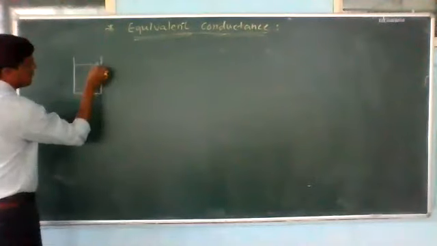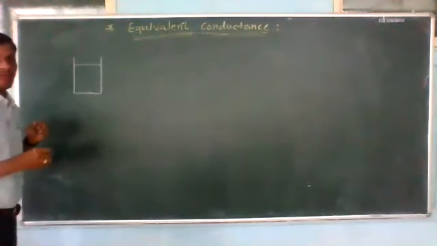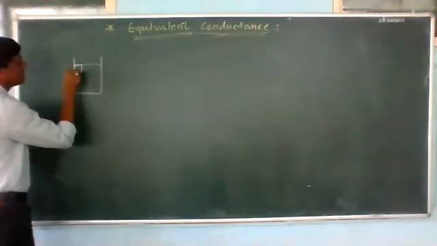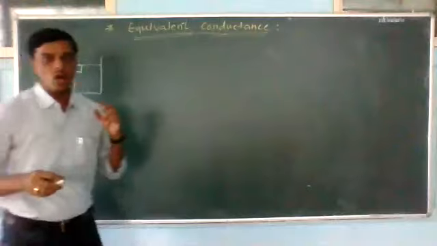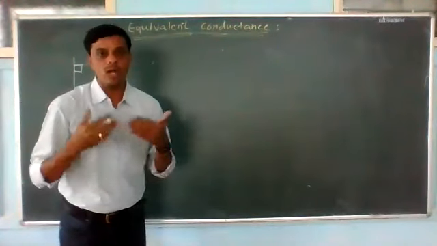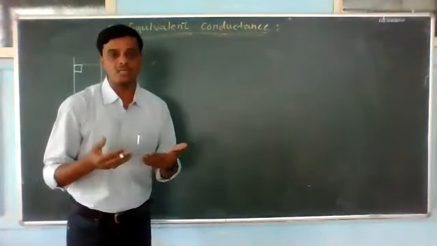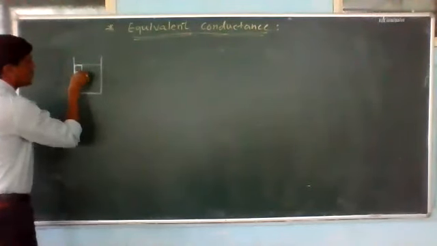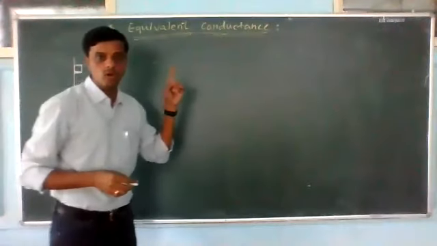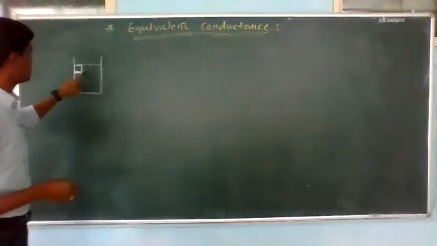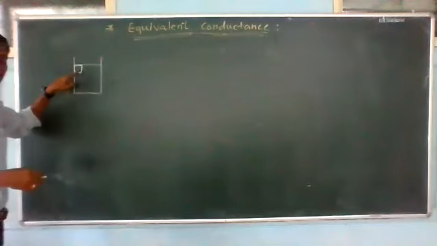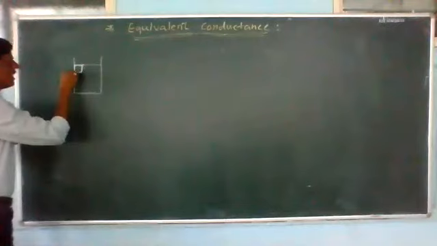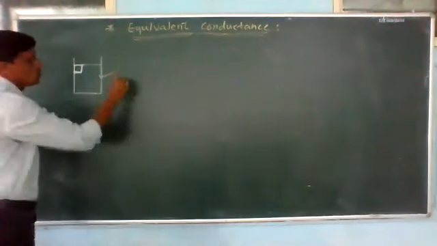Suppose there is an electrolytic solution. Now, out of this electrolytic solution, the conducting power of all the ions present in 1 centimeter cube of the solution, that is, the conductance of the ions which are present in that volume only, is said to be the specific conductance of this solution.